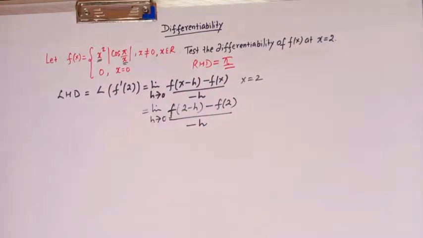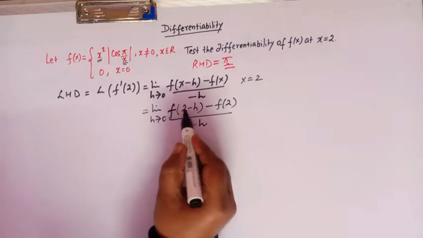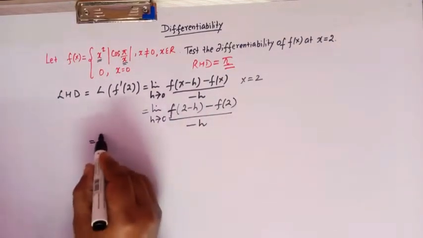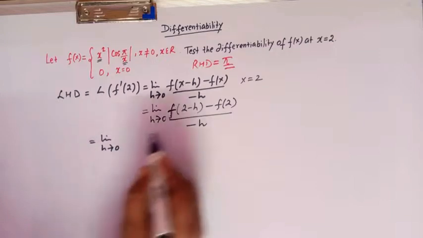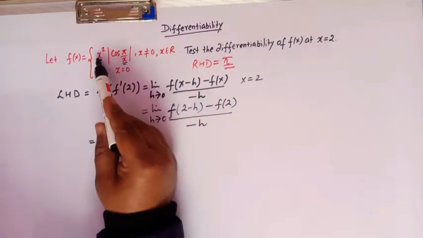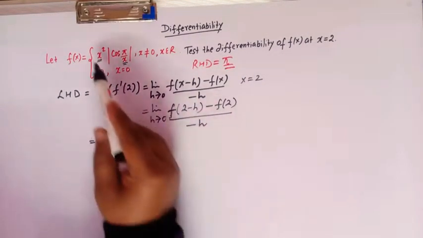Okay, so now we have to find the value of f of (2 minus h), and we can obtain this value by substituting here x equal to 2 minus h.